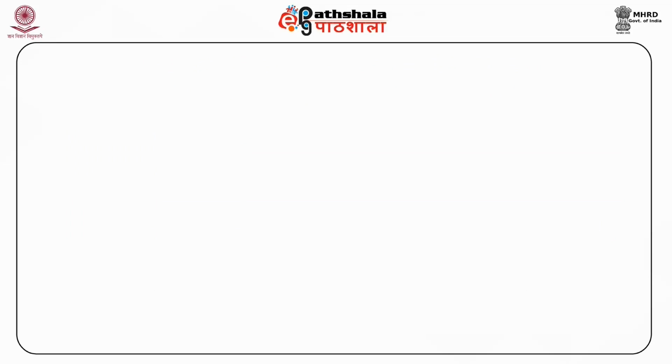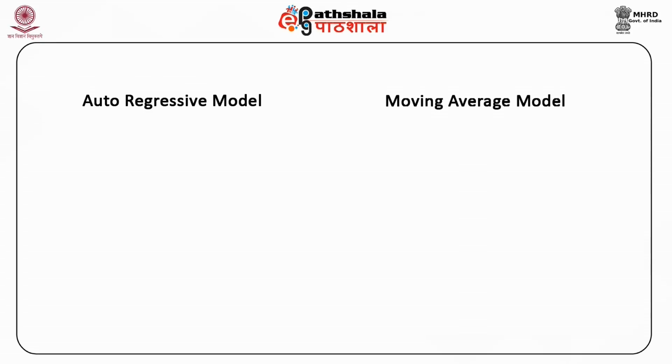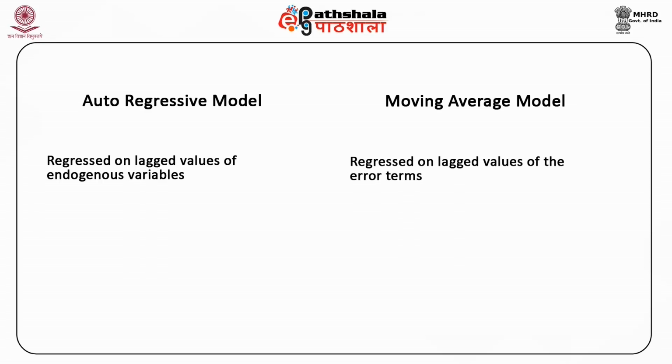After studying both autoregressive and moving average models, let us note the differences between the two. Firstly, autoregressive models are regressed on the lagged values of the endogenous variables, whereas the moving average models are regressed on the lagged values of the error terms.